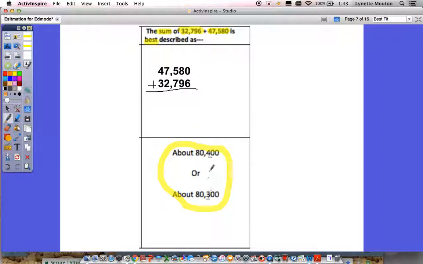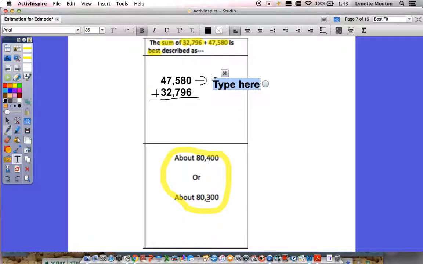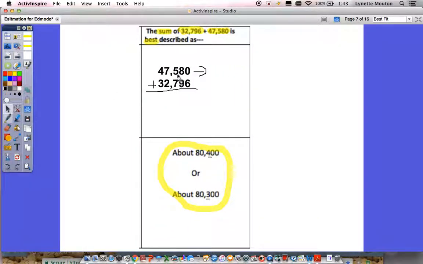Now, we've just found out we're rounding to the hundreds place. So we're going to round these numbers to the hundreds place. And I'm going to do that again. 5 is in the hundreds place. Let me click this back over. Next door is an 8. So we're looking at the 2-digit number 58.